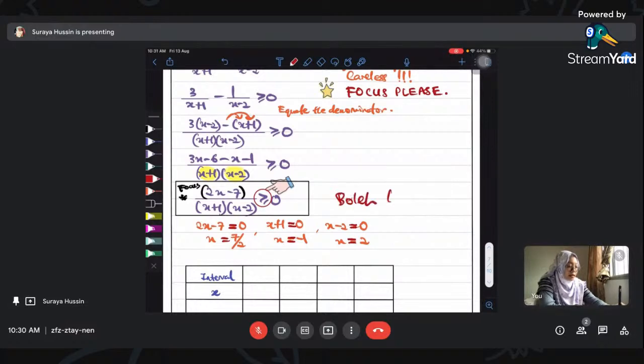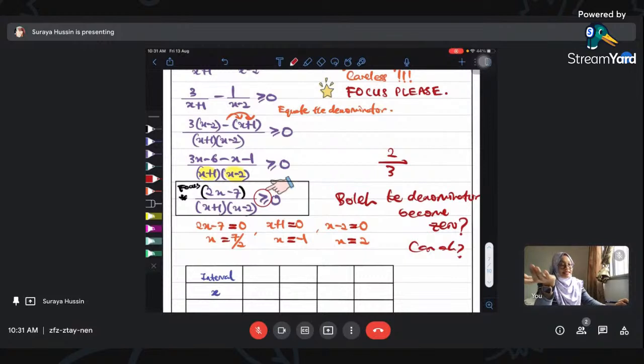Cuba saya tanya, boleh ke dalam fraction, apa-apa nombor pun, apa-apa pecahan, apa-apa ratio, boleh ke denominator equal to 0? Tell me now. Cannot, Miss Azra say. Yeah, denominator cannot be 0.